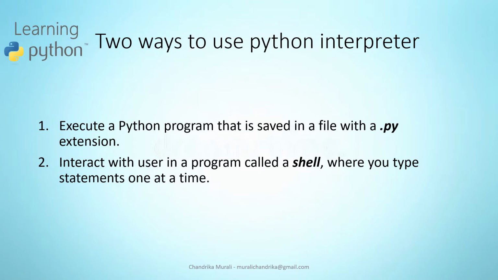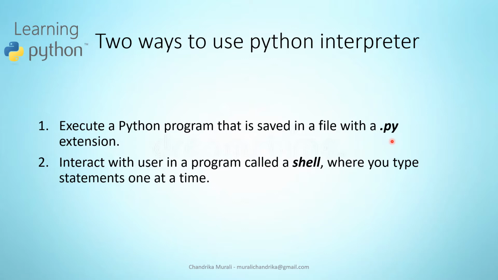In Python we can use this Python interpreter in two ways. That means we can run Python instructions in two ways. First one, create a file and save it with a .py extension. That is nothing but a Python file, and you're executing a Python file.